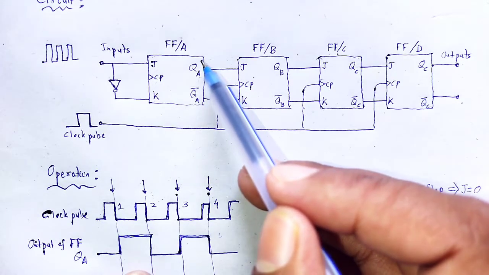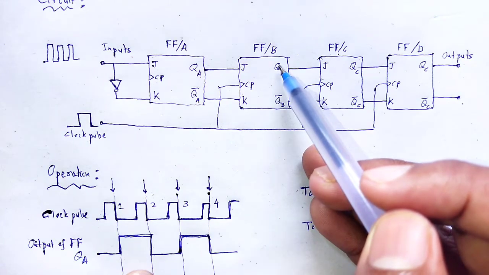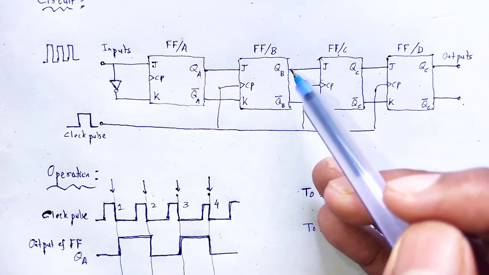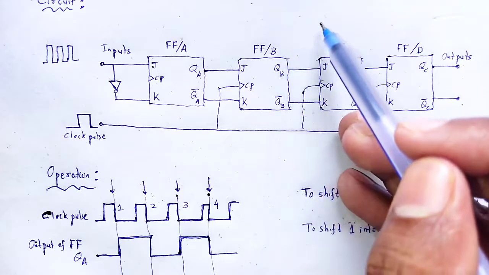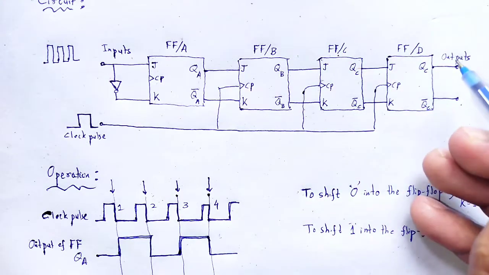Again that is transferred to QB end, and again this is transferred to QC, and finally it goes towards QD.